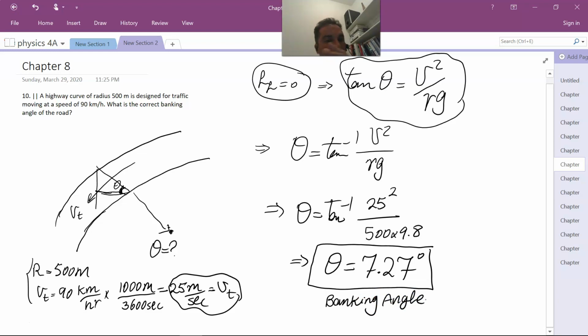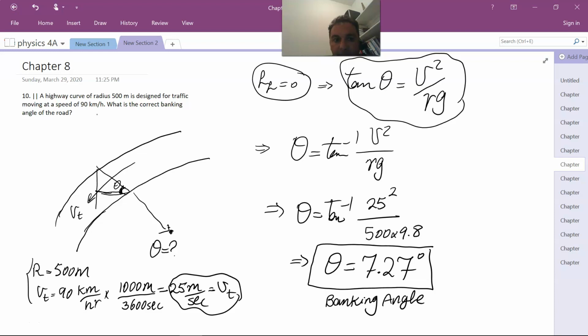Make sense? So this road is designed, it's actually made by 7.27 degrees. And the radius of this curve is 500. So the maximum speed that this car can go is 90 kilometers per hour, which is something like 60 miles per hour around.